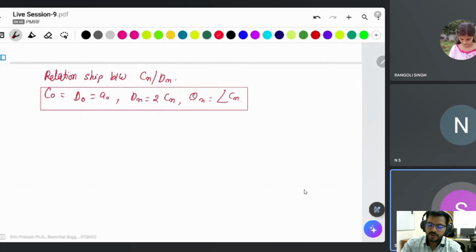Then how can you calculate the power for the complex exponential series coefficients?